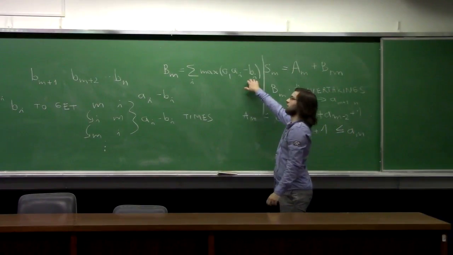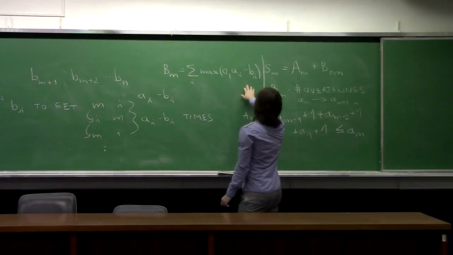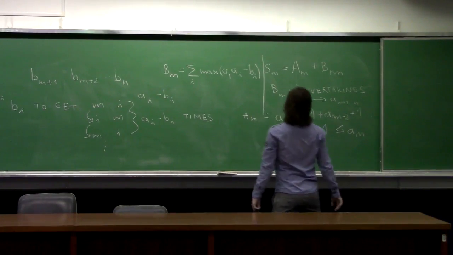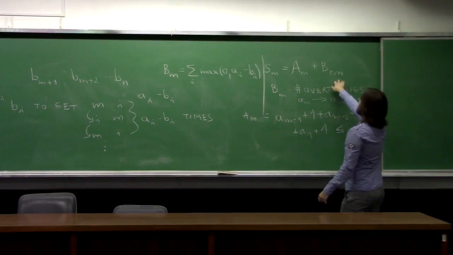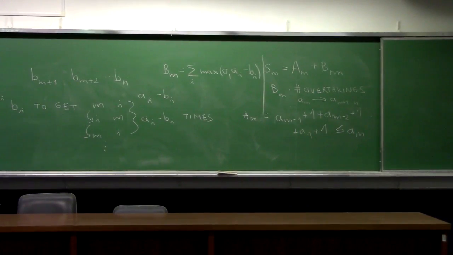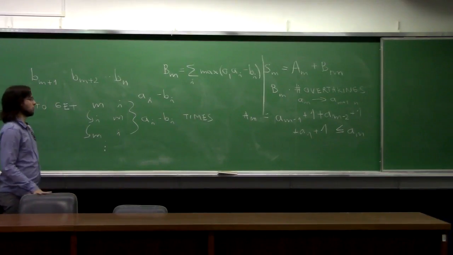So if we could compute these numbers B, M plus 1 through M, then we can just compute the sum. Since it's easy to know AM, then we could compute AM plus BM, compute SM, and finally check if this inequality is true for M. And by this find out whether the answer is yes or no.